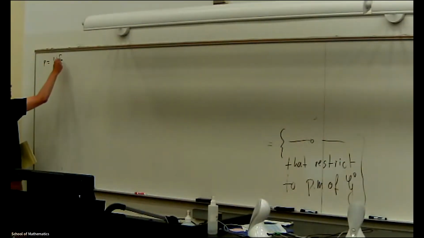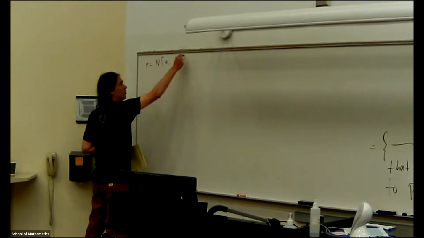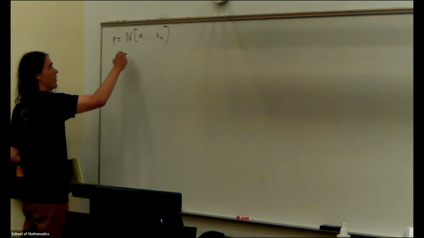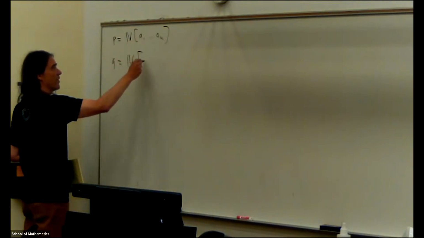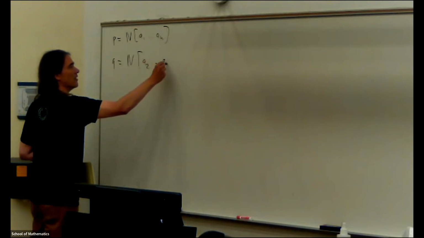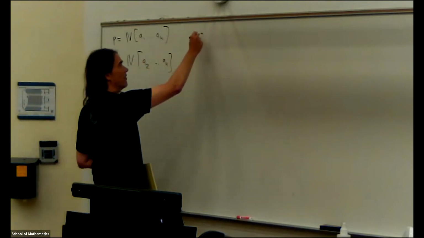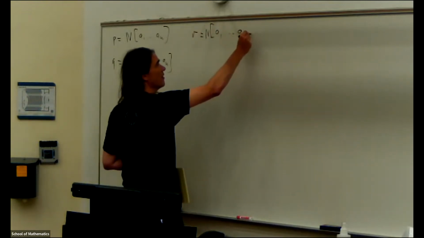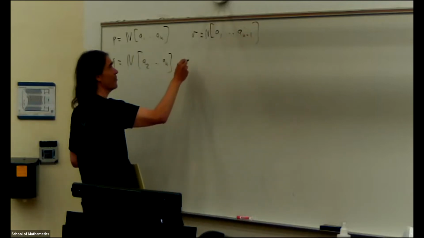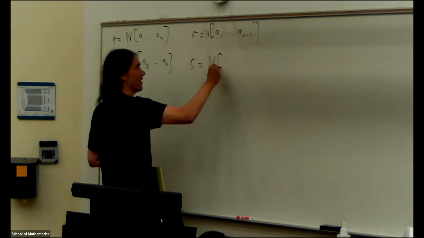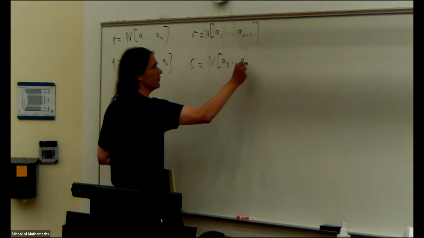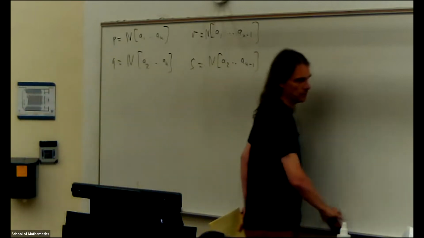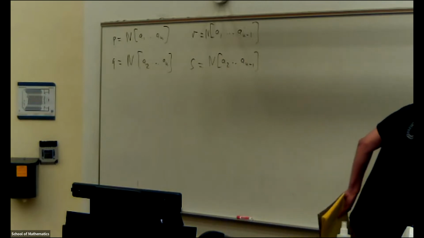P is the numerator of this one, you just forget about the period. For Q, you drop the first, instead of starting at A1, you start at A2. For R, you drop the last. For S, you drop the first and the last. So with this formulation, the number of matchings is just P plus S.